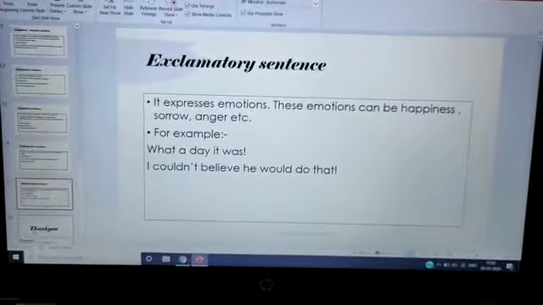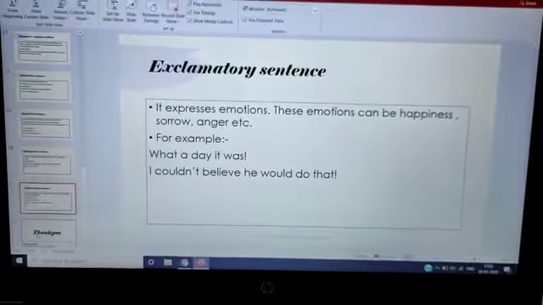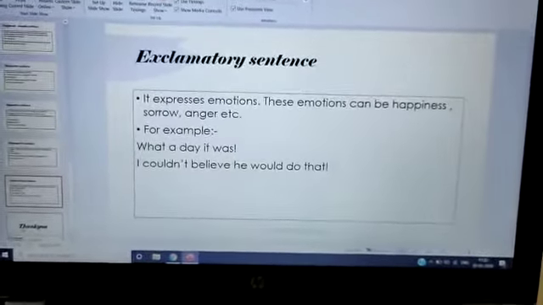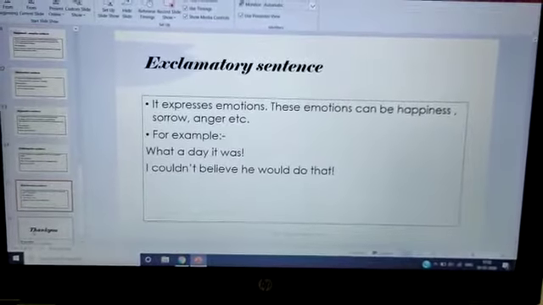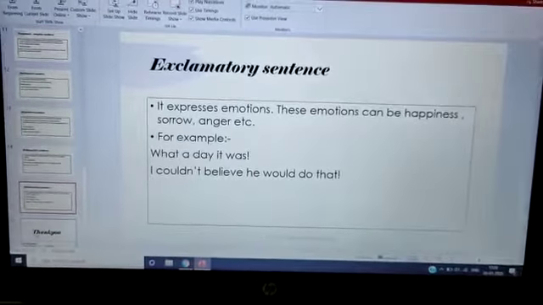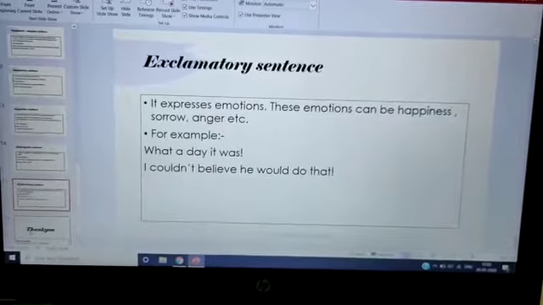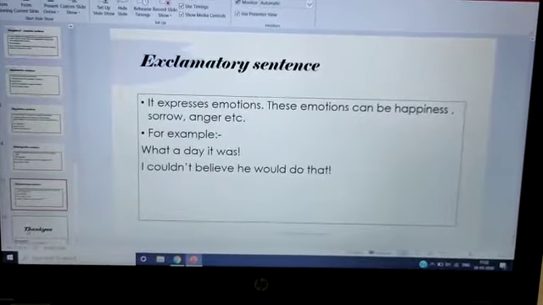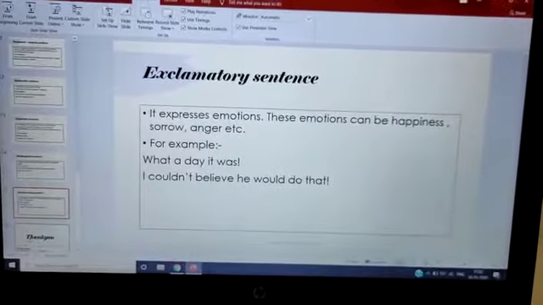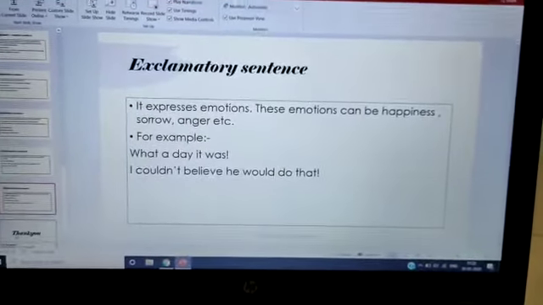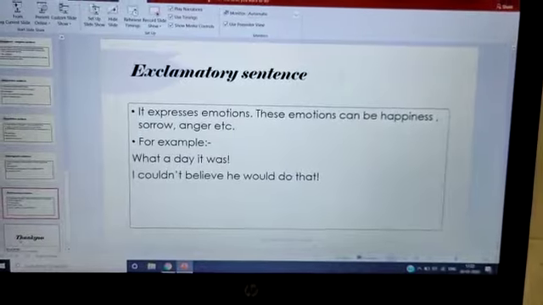Moving to the next slide, exclamatory sentence. By exclamatory sentence, one thing is clear, that it must end with an exclamation mark. Also, it always expresses emotions. Emotions can be happiness, sorrow, anger, etc. So if we see the example, what a day it was!